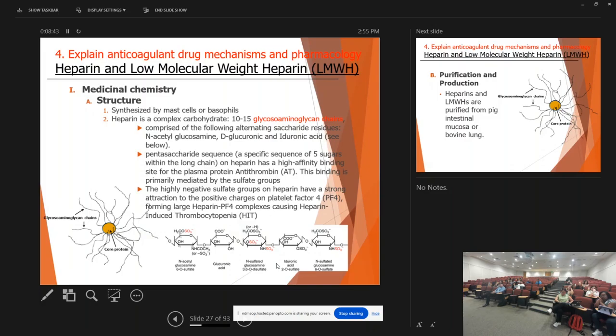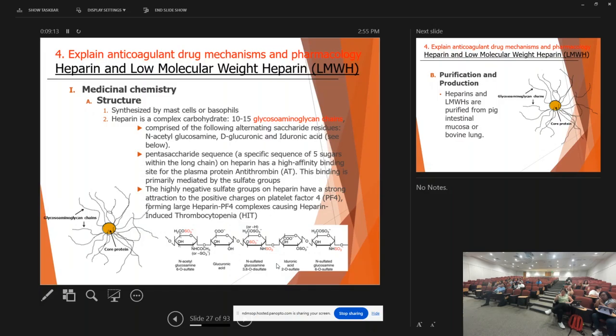So this negatively charged sulfate group has another role here. It attracts positive charges on platelet factor 4. So there are some other factors. I'm not going to bring every factor in the pathway because it gets too much otherwise. So here, platelets also have platelet factor 4, and that sulfate group can get attracted to these positive charges on it.